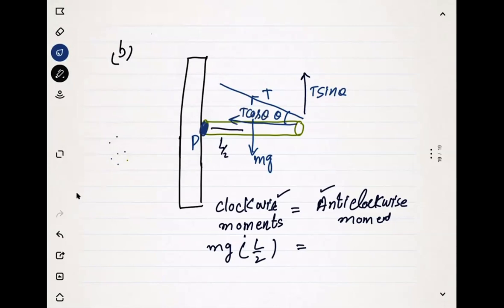We are going to ignore T cos theta. We will only take T sine theta, which is perpendicular.